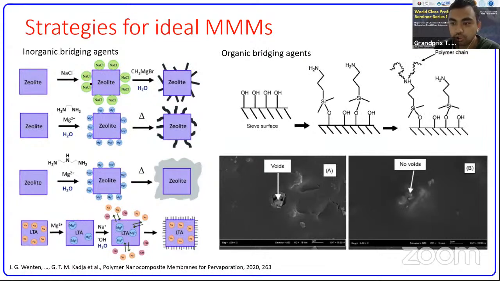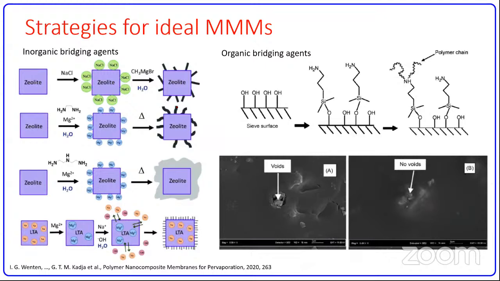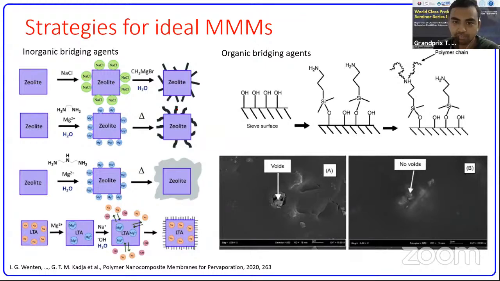We could grow nanoparticles, in this case magnesium hydroxide nanoparticles, to form such a unique nanorod morphology on the surface of the zeolite, which will function as an anchor.